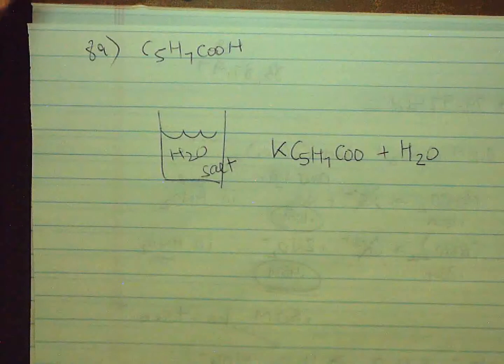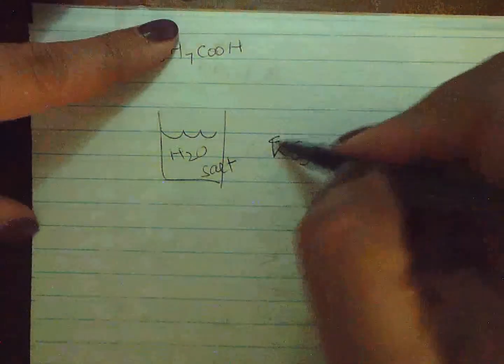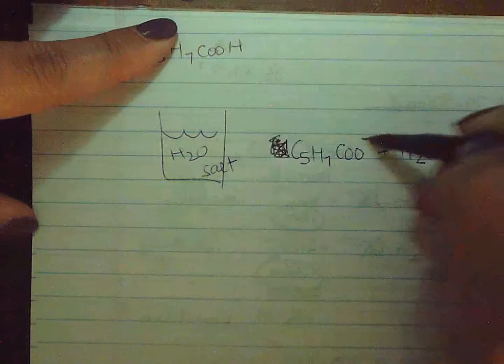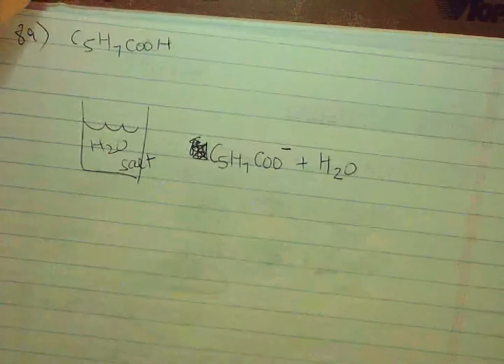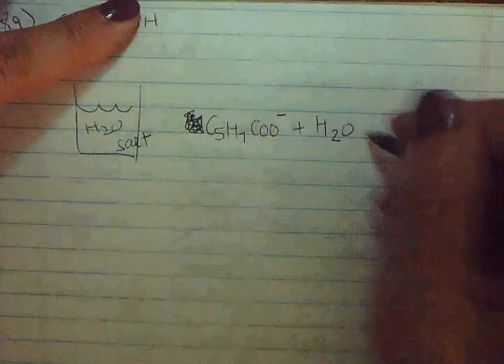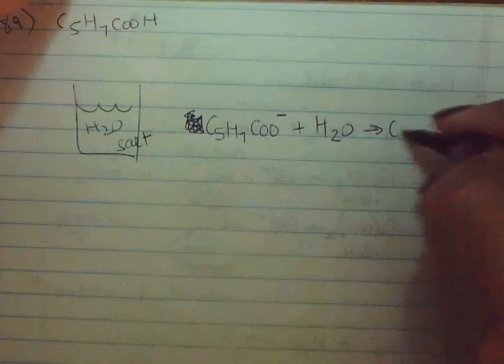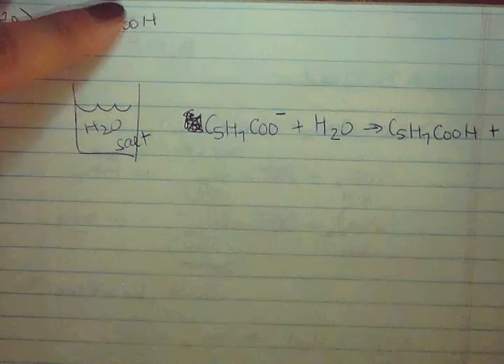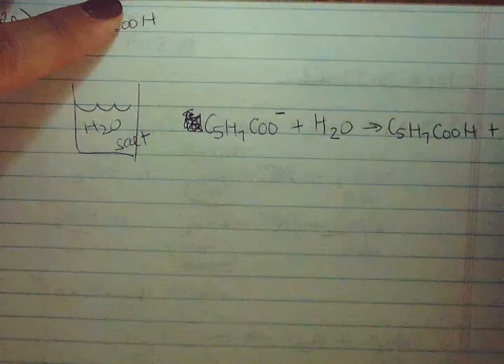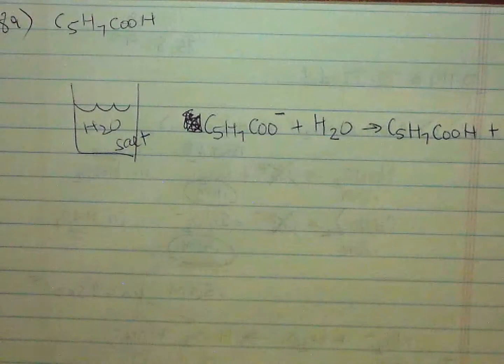The potassium's just a spectator. It's not really doing anything. It's the sorbate that is going to affect pH. What is the sorbate going to do to the water? Steal a hydrogen, and it will then turn into C5H7COOH plus, what else does it leave behind? OH.